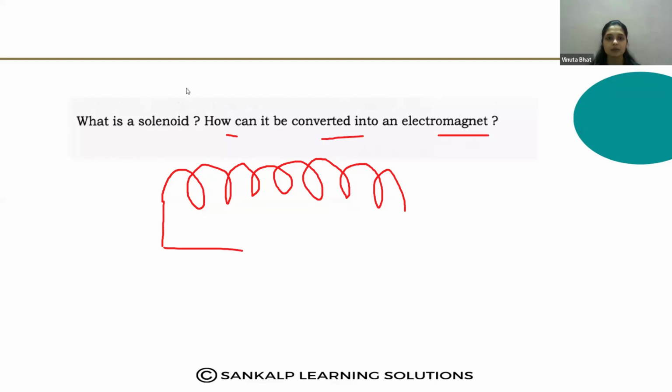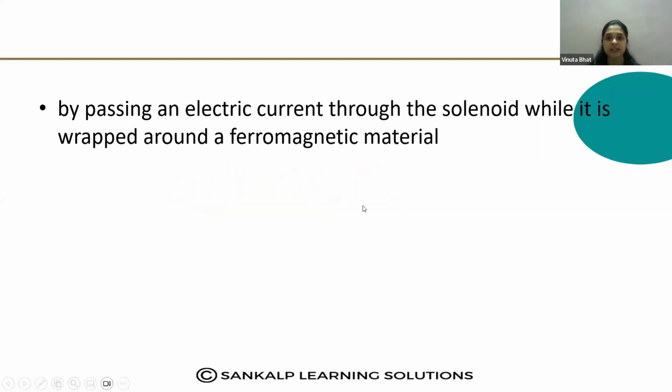By passing an electric current through the solenoid while it is wrapped around a ferromagnetic material.